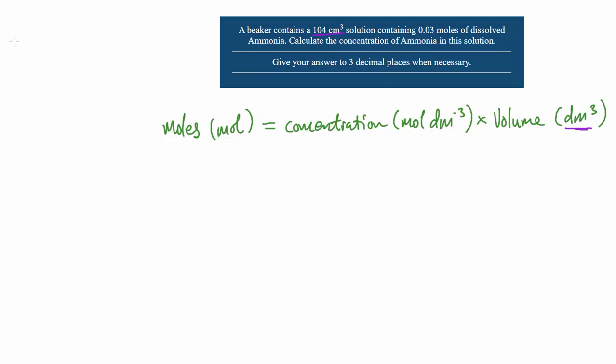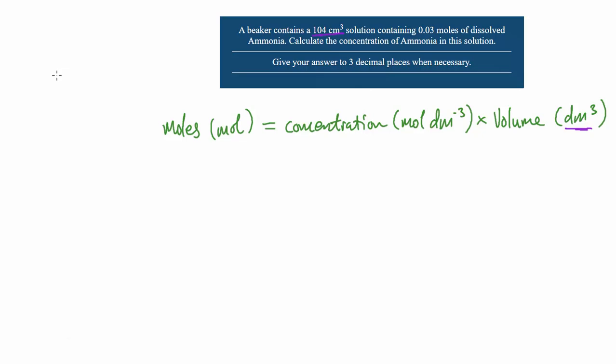If a volume value is in cm³, it's going to be a smaller number when we change the units to dm³, by a factor of 1,000.